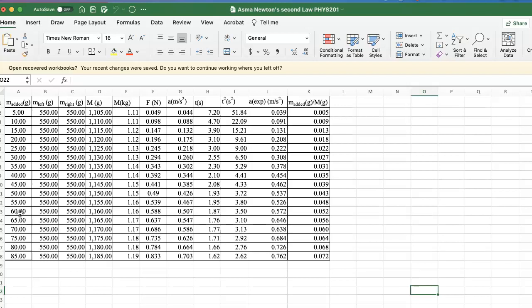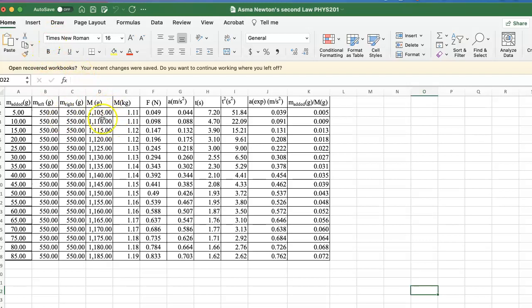I will not show you how I did my calculations and the functions, because now you should know how to do this. This is the mass on the left, and this is the mass on the right. Actually, these are 550, 550, but I'm going to add 5 grams to the left so that the left is heavier, and then the system starts accelerating.